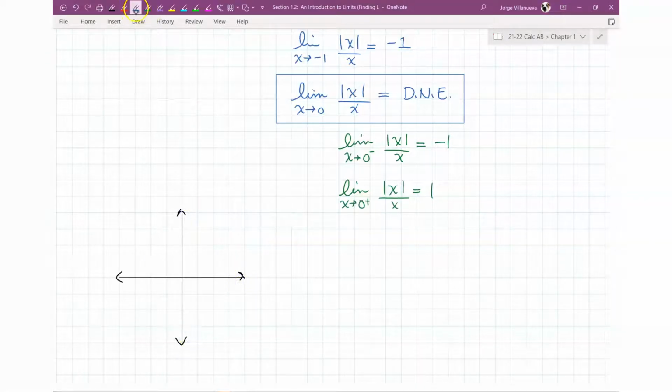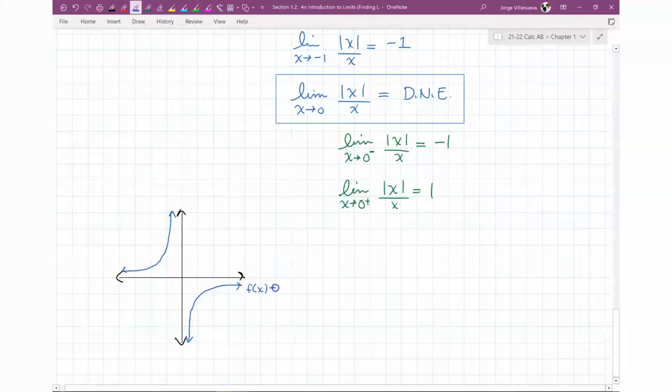So I'm not going to draw any actual tick marks. Okay, this graph f of x, this is 1 over x. Actually, no, I'm wrong. That's negative 1 over x.